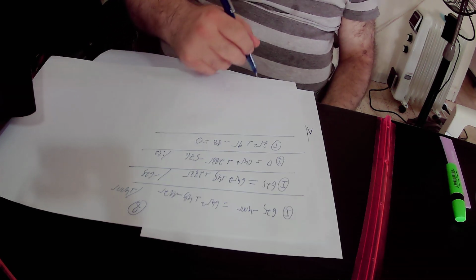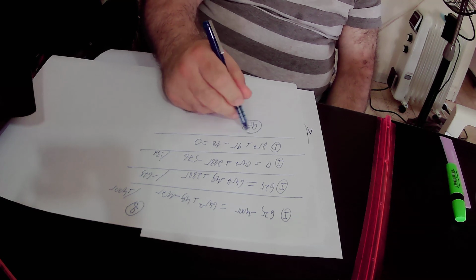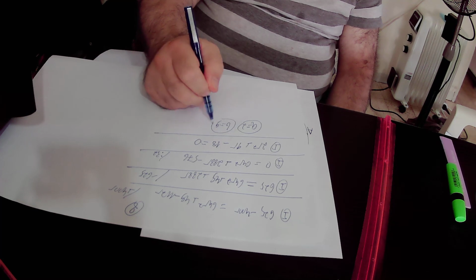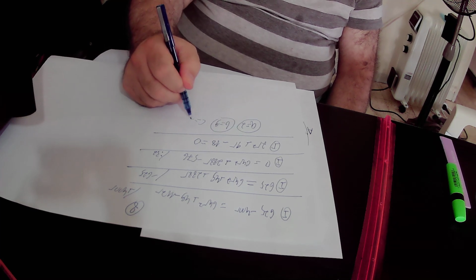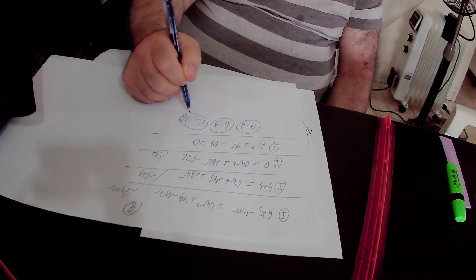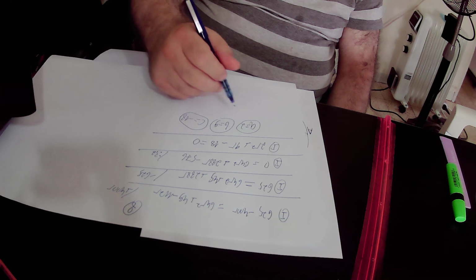The coefficient a in this quadratic equation equals 2. The coefficient b equals 9. And the coefficient c equals minus 18. And the variable that we are looking for in this quadratic equation is r, so x equals r.